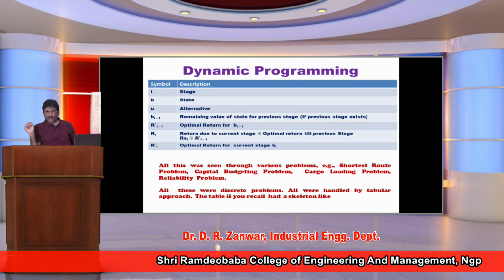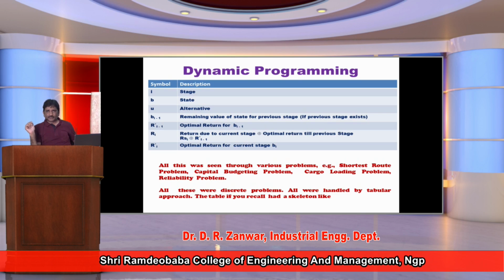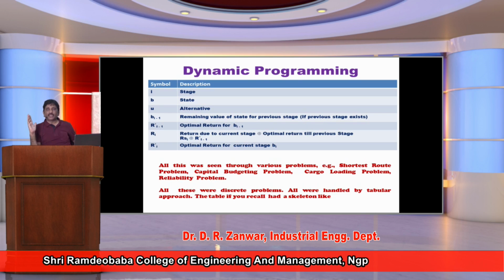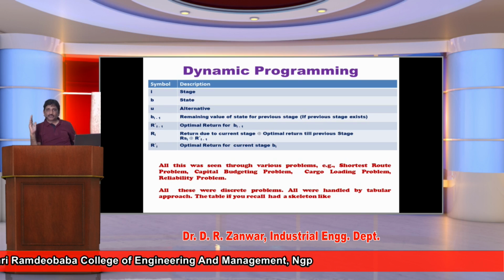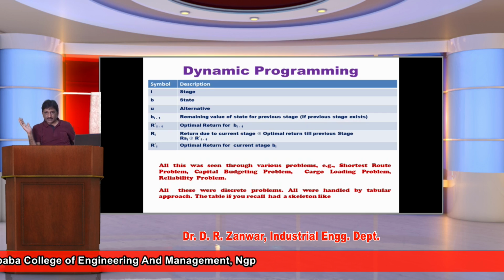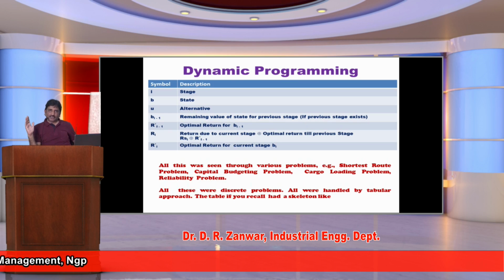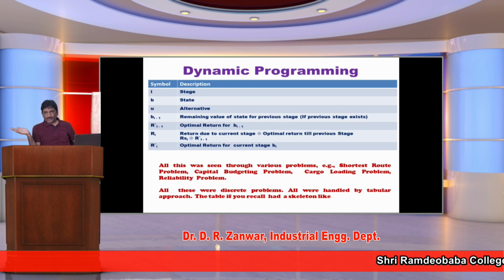One thing is implied by whatever we have said earlier, that the problem is to be broken into multiple stages, and the optimal return is to be found for each stage, and the optimal return for every value of the state will be used in the subsequent stages.